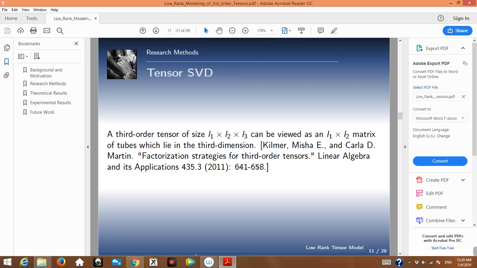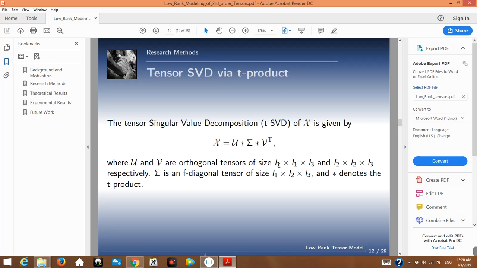Recently, Kilmer and Martin made a big breakthrough in tensor research. They considered a third-order tensor as a matrix of tubes. This is a very important point of view because this kind of observation can lead us to discover a new tensor singular value decomposition.